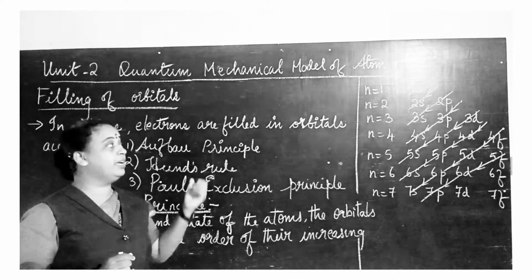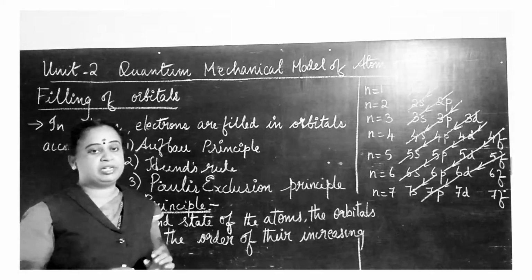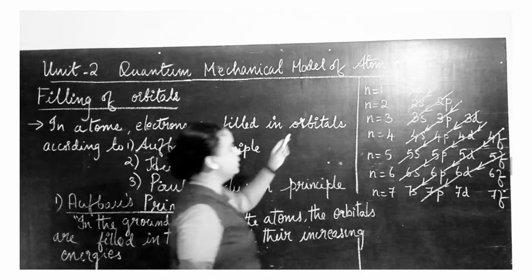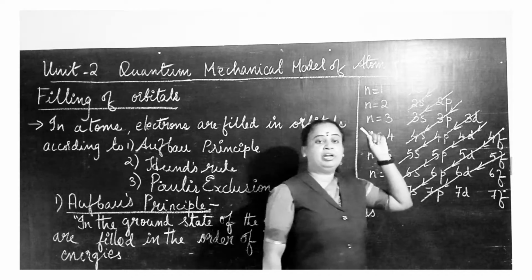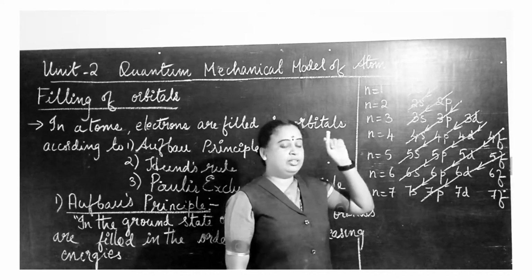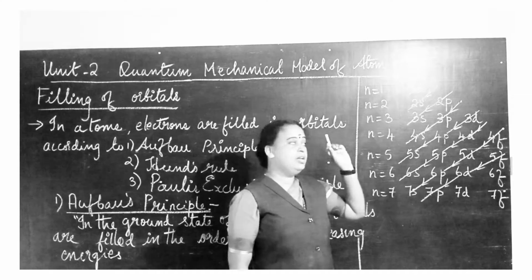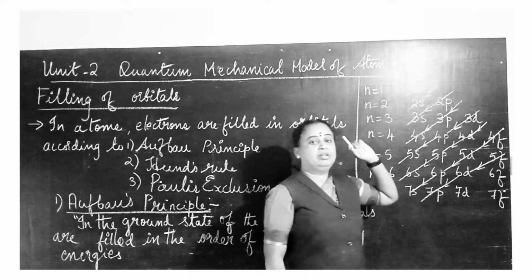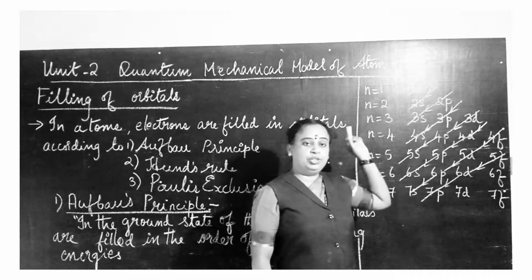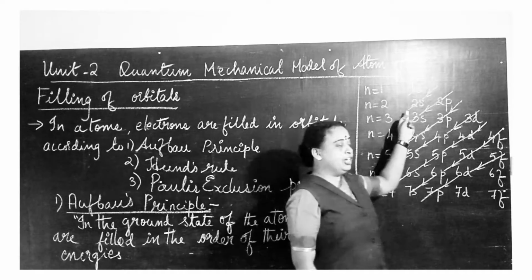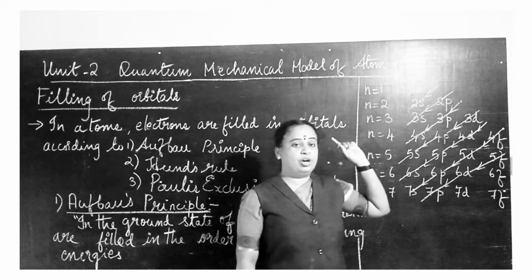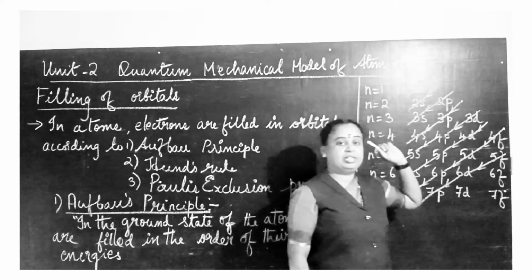Their energy is a bit higher compared to the ground state orbital. Here n is equal to 1, the principal quantum number, so that is the first shell with the s orbital. When n is equal to 2, the second shell consists of two orbitals, s and p.